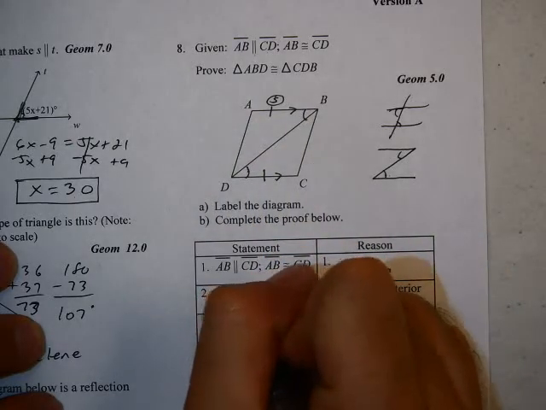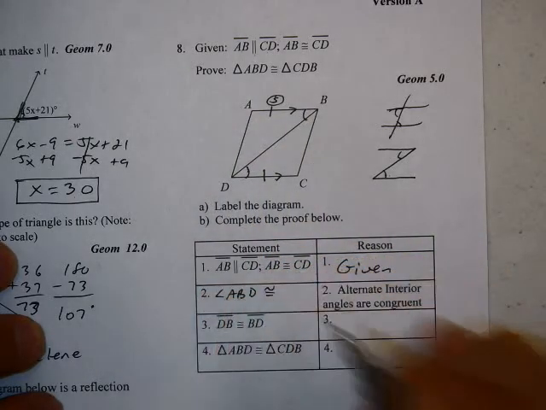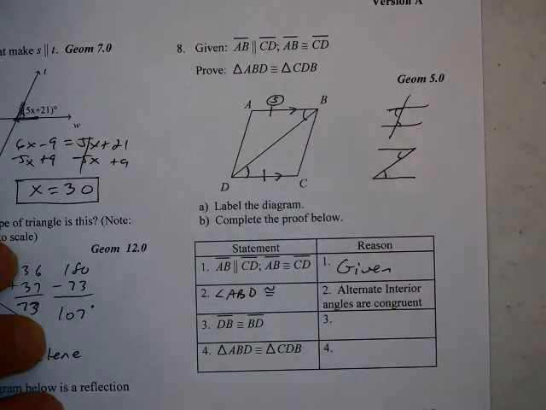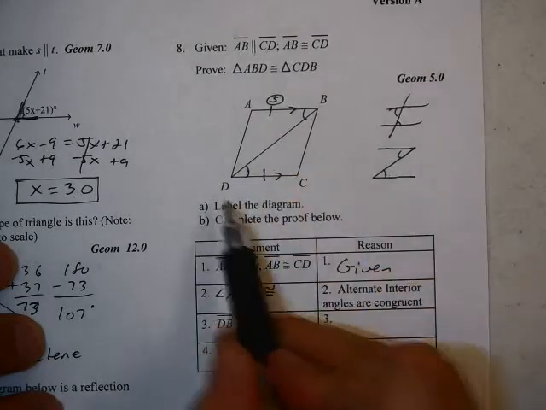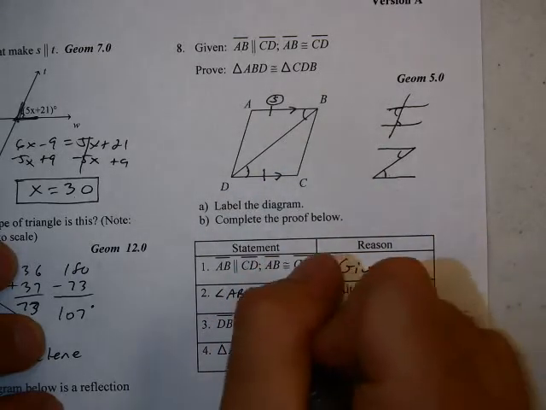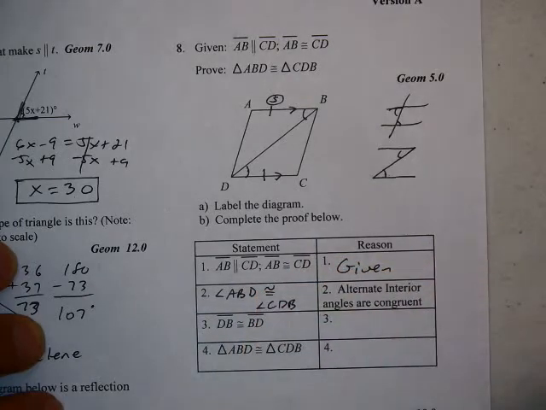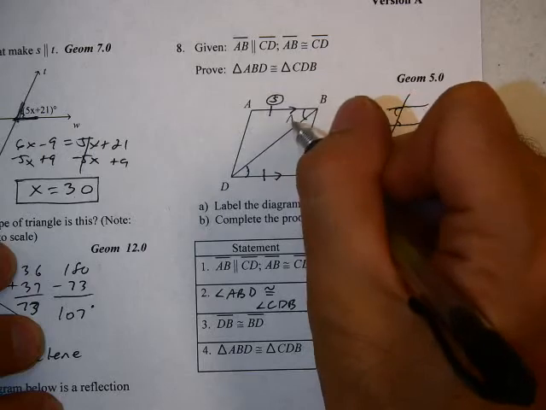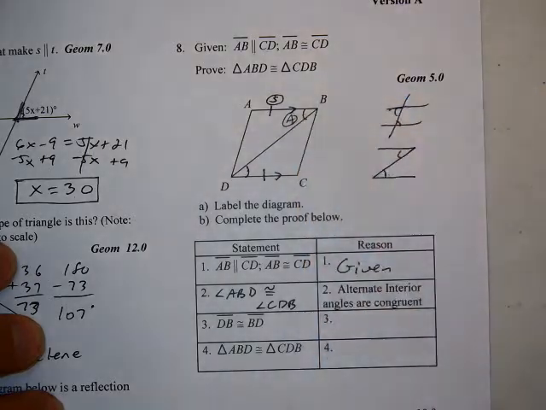Angle ABD. If I just call it angle B, that's not specific enough because there's more than one angle at B. And then for this one on the bottom, D is the vertex, so I'm going to call that one CDB. Angle CDB. Now before I mark the S for that side, I'm going to now mark an A for this angle.